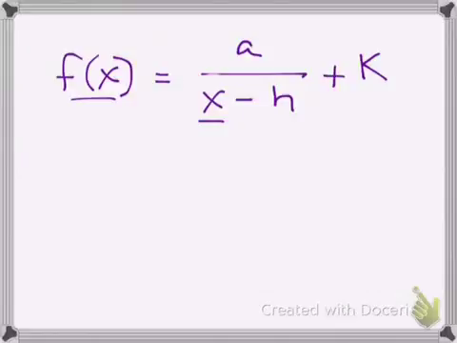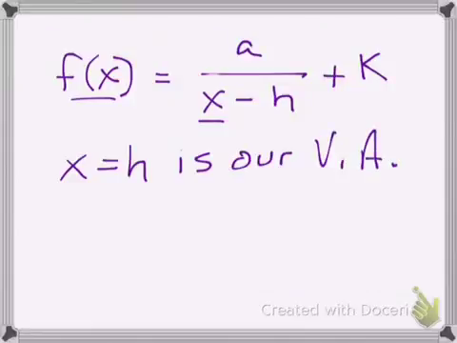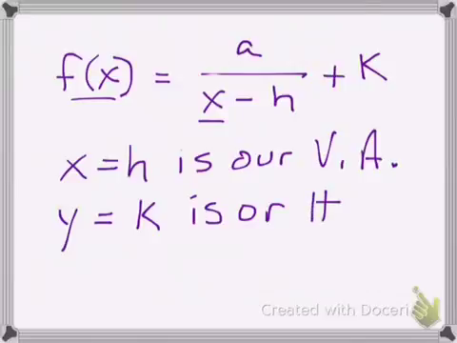We know what h does, right? What can x not be in this expression? H. So x equals h is our vertical asymptote. Y equals k is our horizontal asymptote.